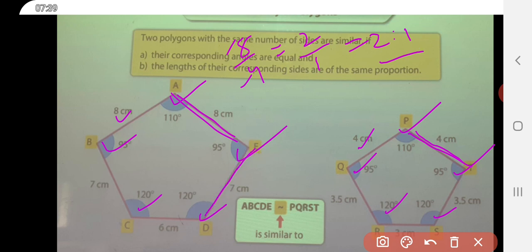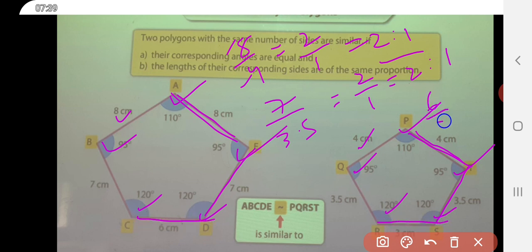Here you see the ratio of DE by ST. You get 7 by 3.5, that is equal to 2 by 1, 2 is to 1. Here 6, here 3. So 6 by 3 is 2 by 1, that is 2 is to 1. Here 7 by 3.5, again you get 2 is to 1.